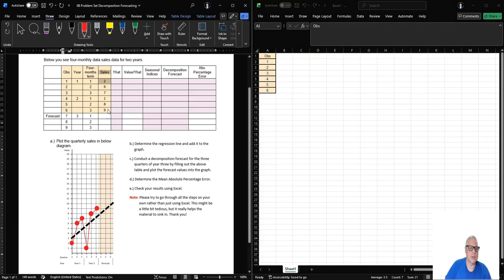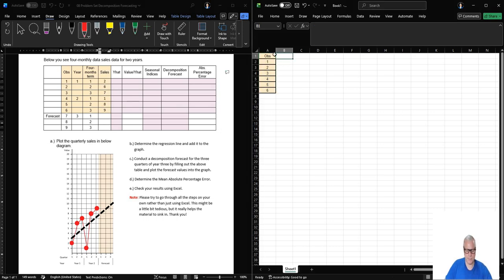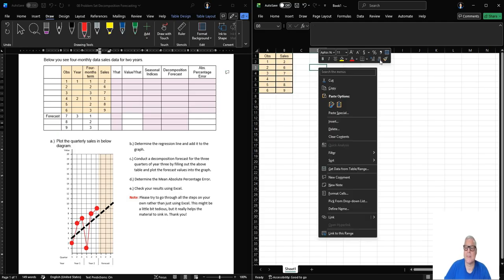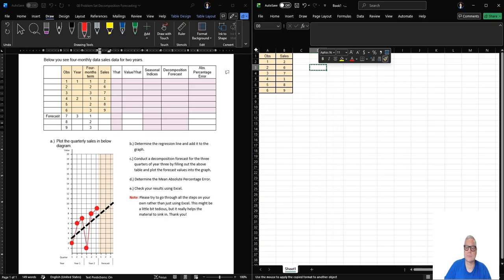We only look at the sales, so our independent variable is just the periods numbered from 1 to 6 in this case.